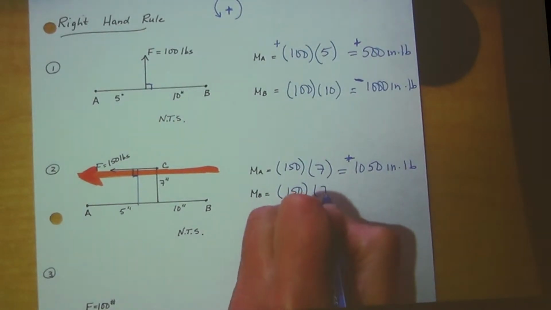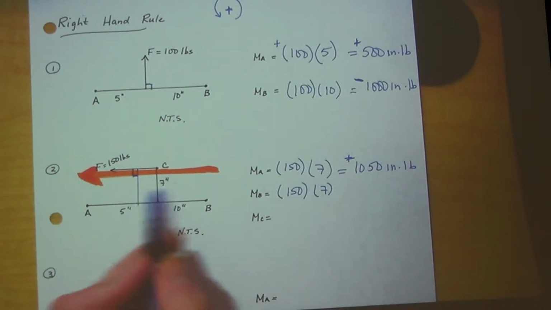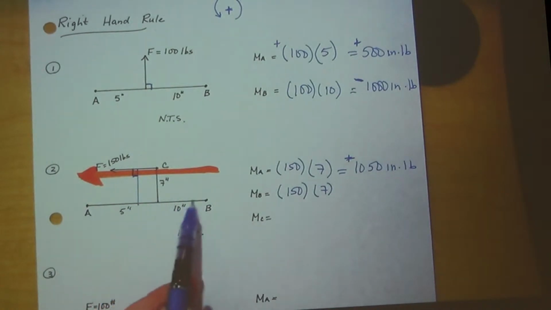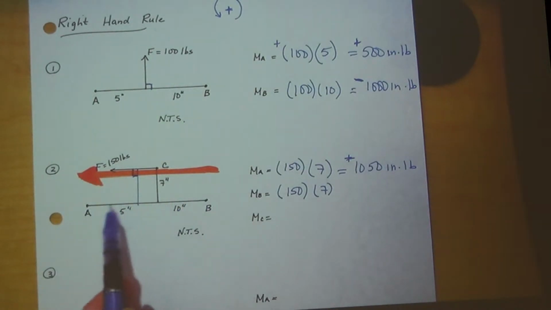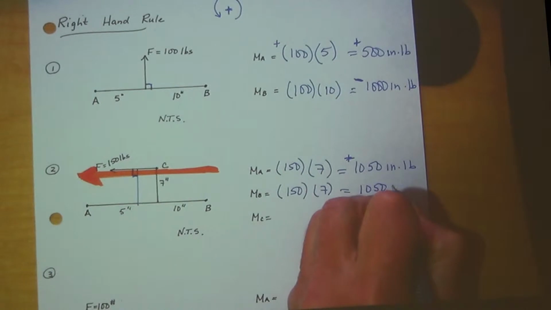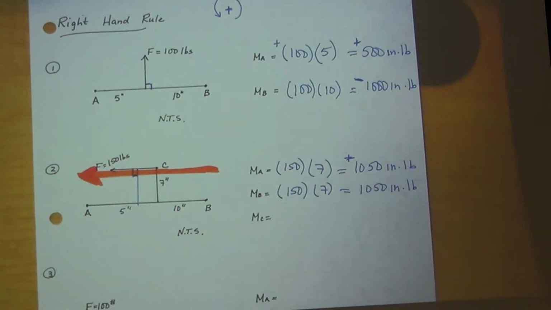That's right. Does everybody see that? It's still the perpendicular distance. Everybody look up here, anywhere along line AB is going to have a perpendicular distance of 7 to that force. So that's 1,050 again. What units? Inch pound, right. And is it positive or negative? Positive.